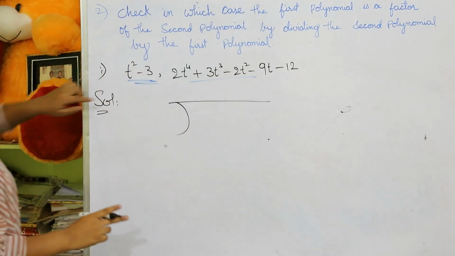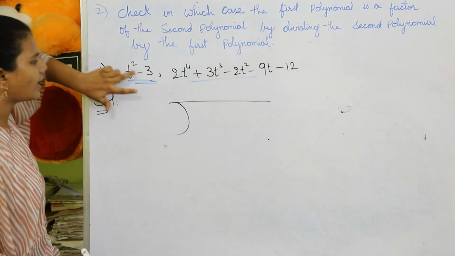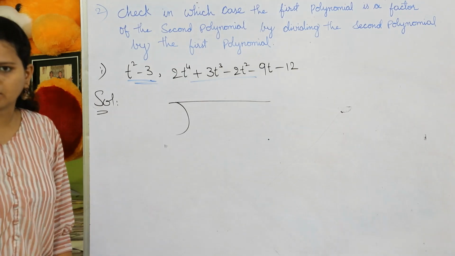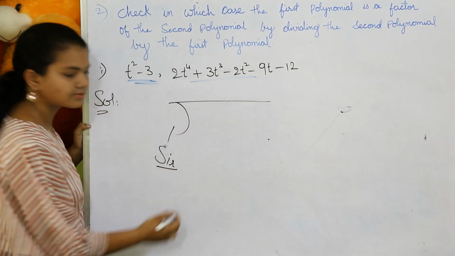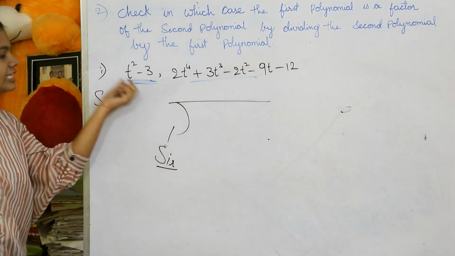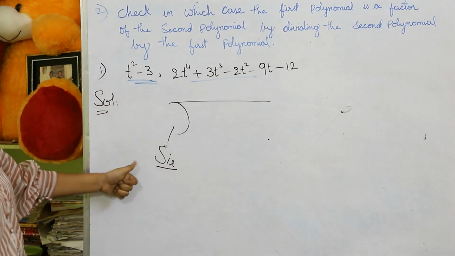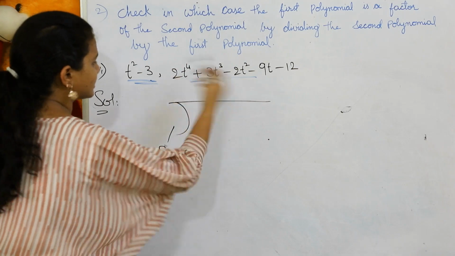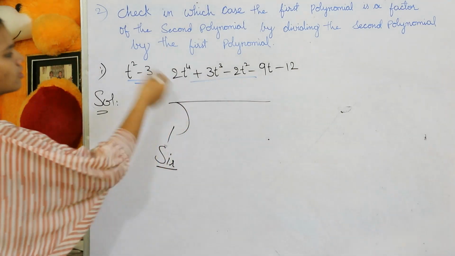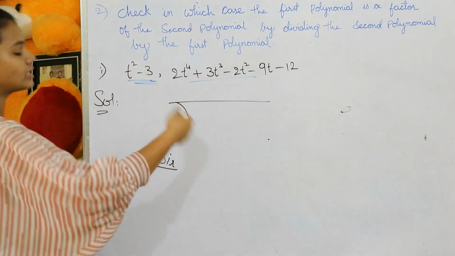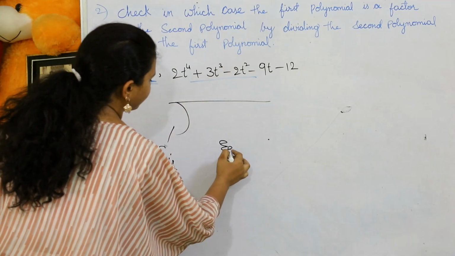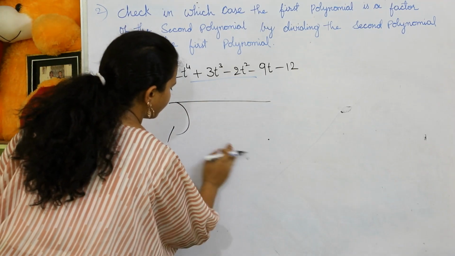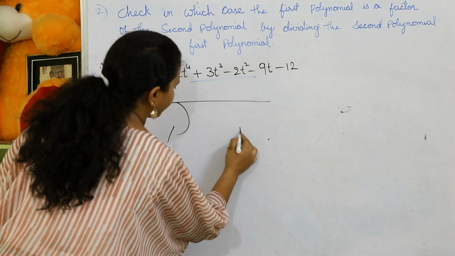As we know, t square minus 3 will be the divisor, like our divisor symbol here, and the second polynomial, 2t power 4 plus 3t cube minus 2t square minus 9t minus 12, will be our dividend.